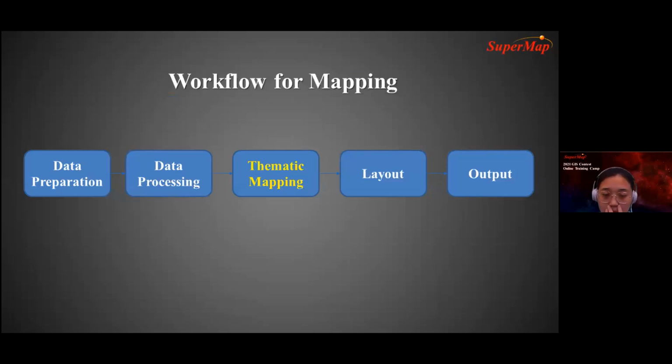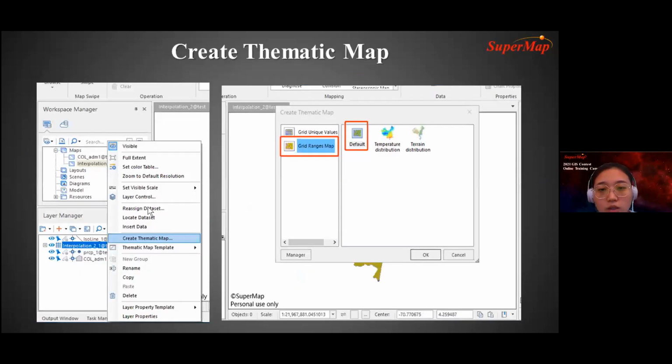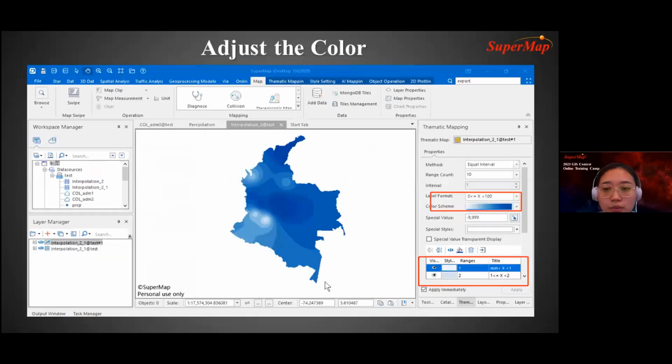And then we make the thematic map. So we right-click the interpolation result and choose create thematic map as usual, and choose the default. After we got the thematic map, we can adjust the color based on what we need.